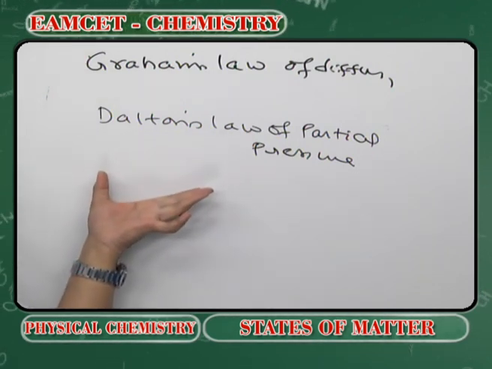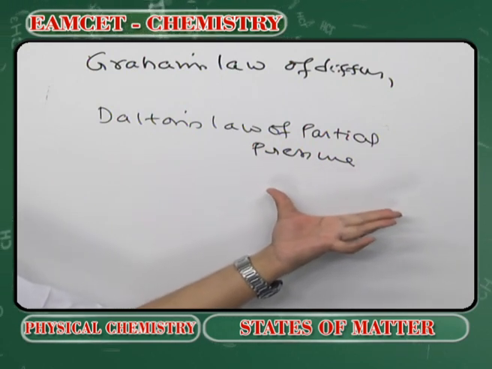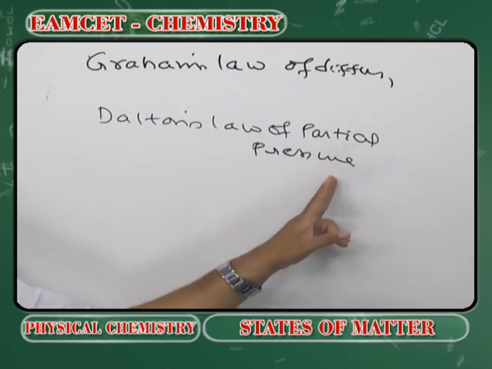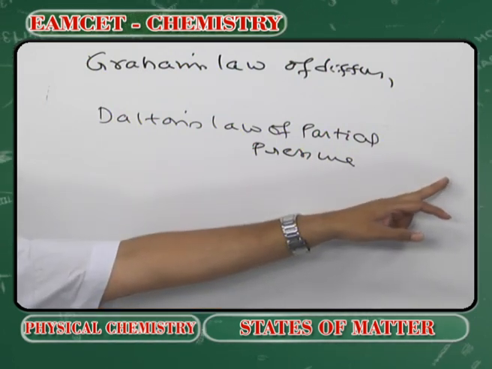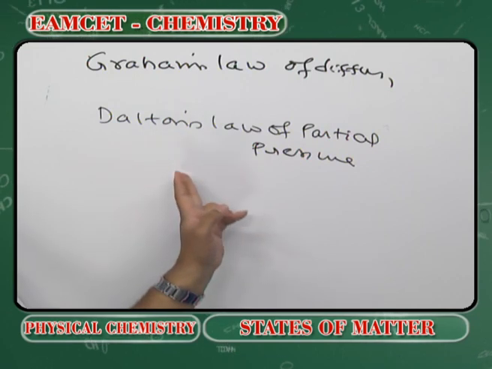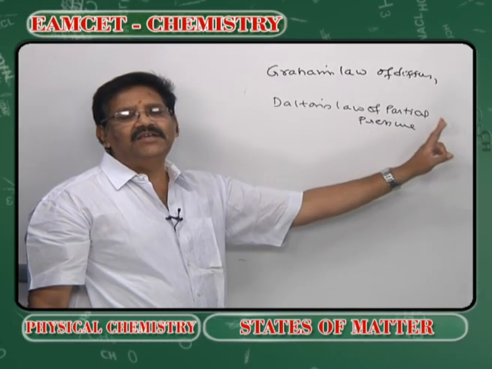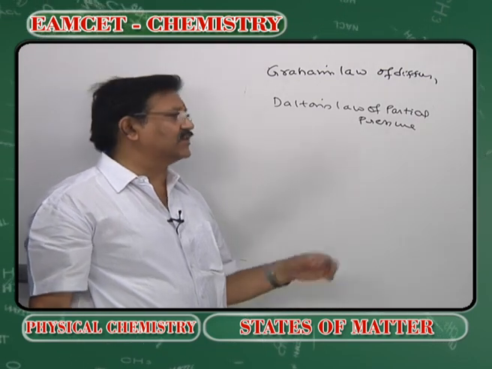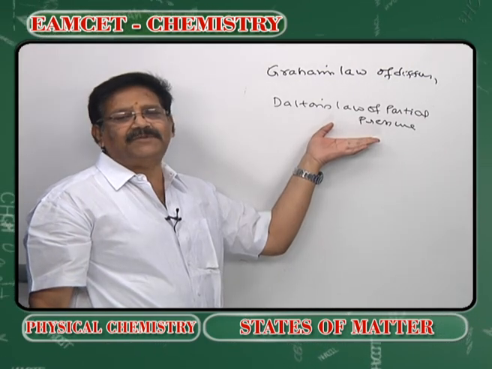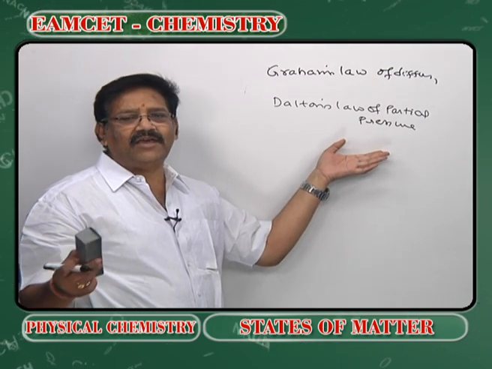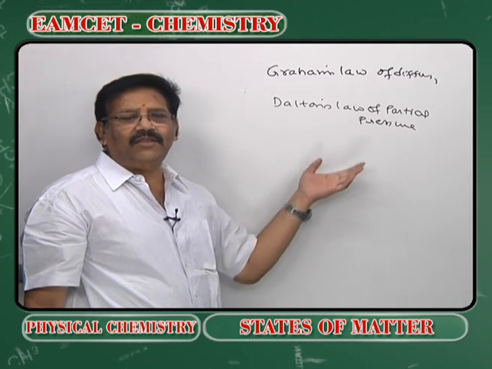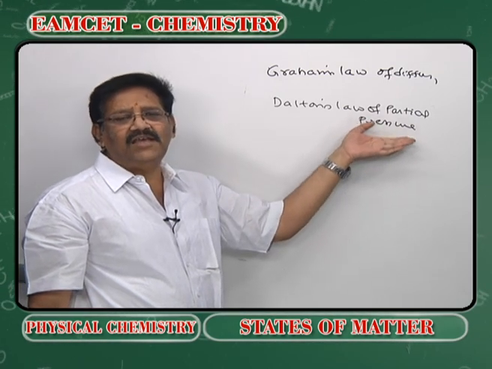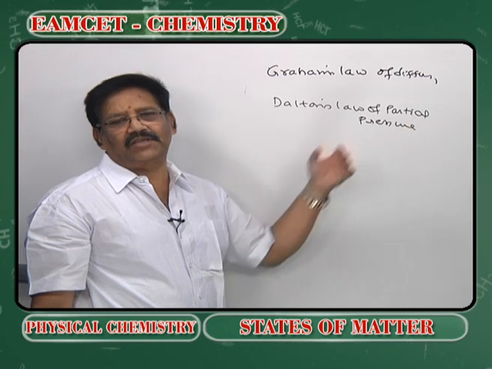At a given temperature, the total pressure of a non-reacting gas mixture is equal to the sum of the partial pressures of the component gases. And what is the partial pressure? It is the pressure exerted by a gas individually when the volume of the gas is the same as that of the mixture of the gases.